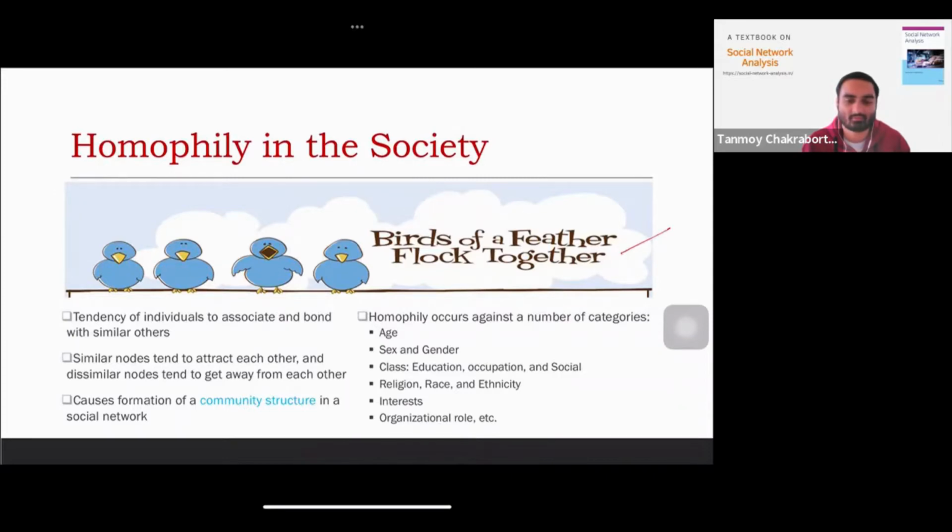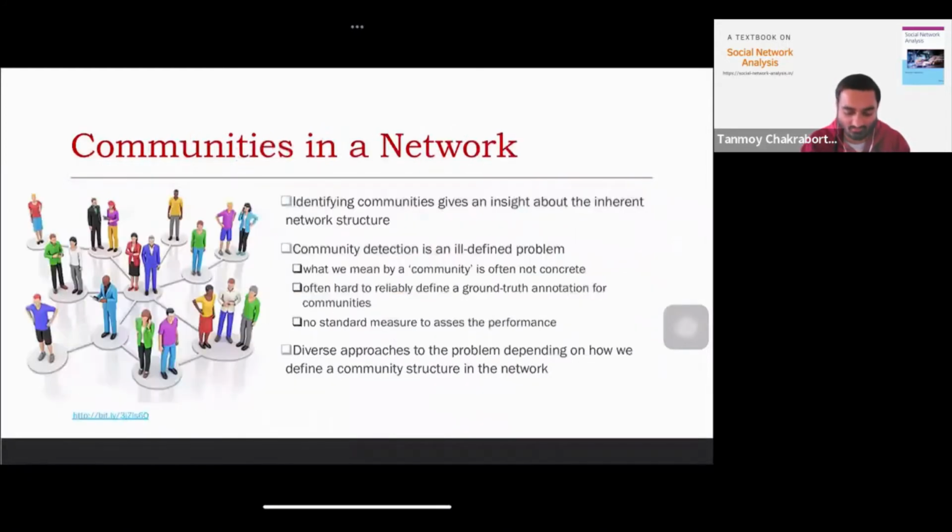Your choice might be those individuals who are part of your own college, for example, or those who like the same kind of activities that you like. For example, both of you like cricket, both of you like basketball, both of you belong to the same religious group, both of you have the same interests. And you gradually become friends of each other. So this homophily property is responsible for the formation of the community or the dense group.